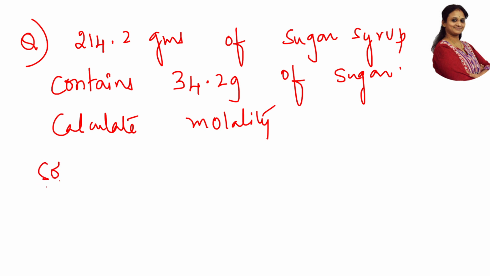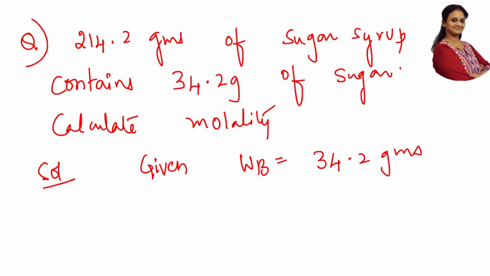First of all, let us write what is given to us, in terms of WB only. Given WB is 34.2 grams. I want WA, right? Here, is anything given as WA? No. They've given the sugar solution as 214.2 grams.